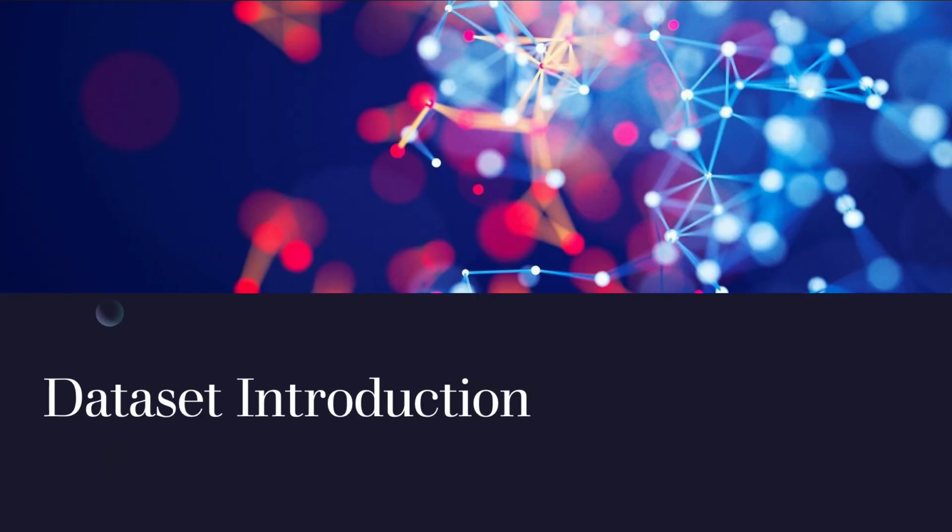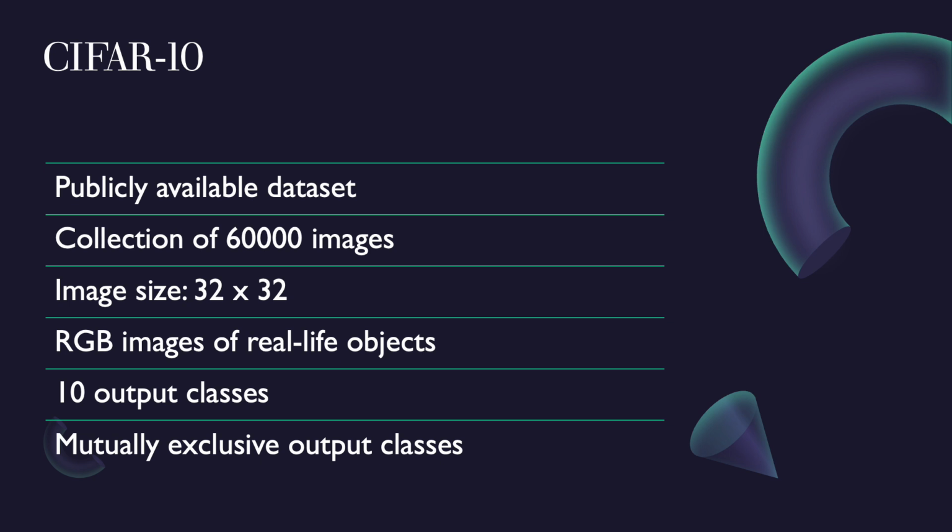We start by exploring the datasets utilized for this project. In this project, we primarily use the Cypher-10 dataset, a well-known collection of 60,000 32 x 32 color images in 10 classes.